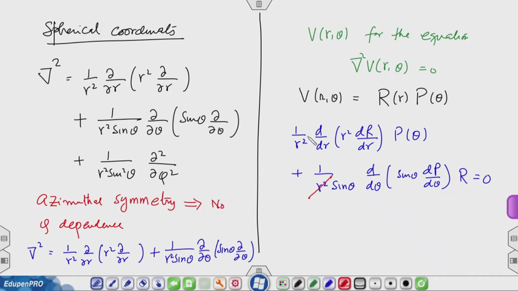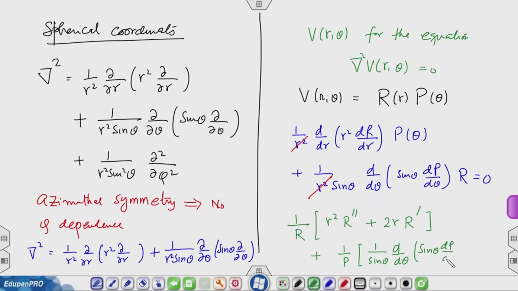I can take away this r square and divide by R and P, and then I get 1 over R, d by dr of r square dR by dr, that is r square R double prime plus 2r R prime, plus 1 over P, 1 over sine theta d by d theta of sine theta dP by d theta equals 0.